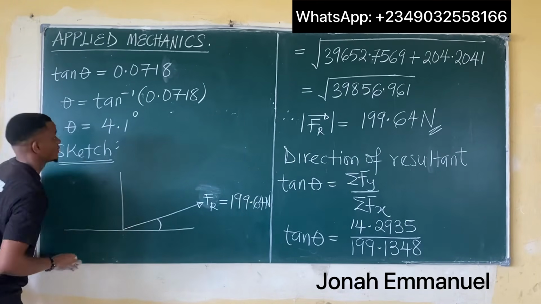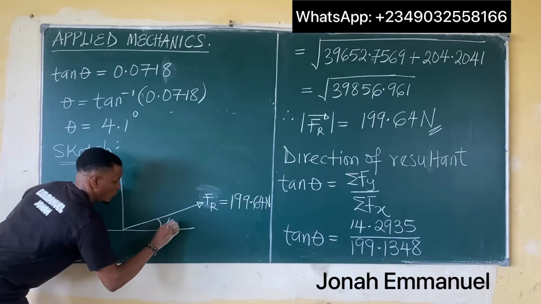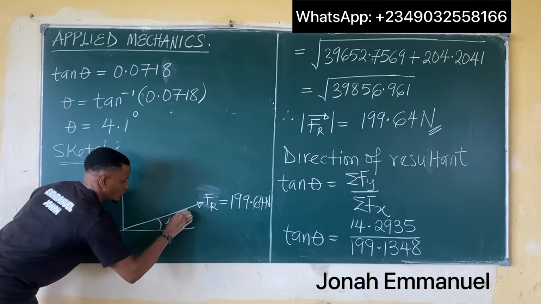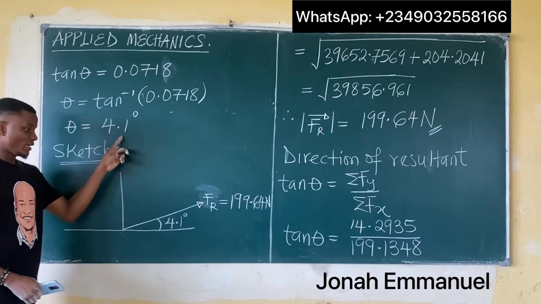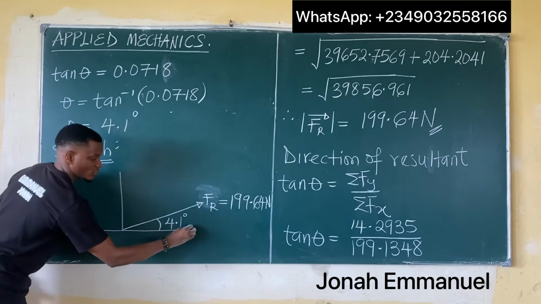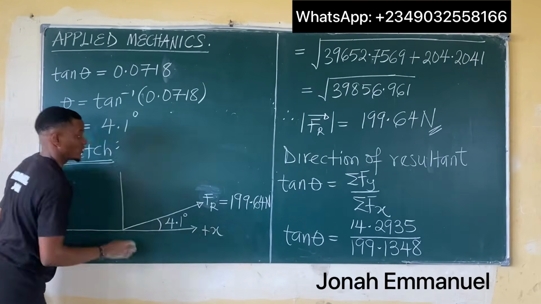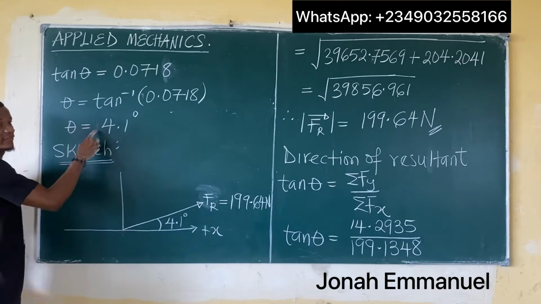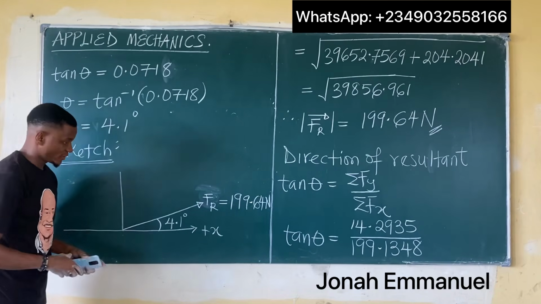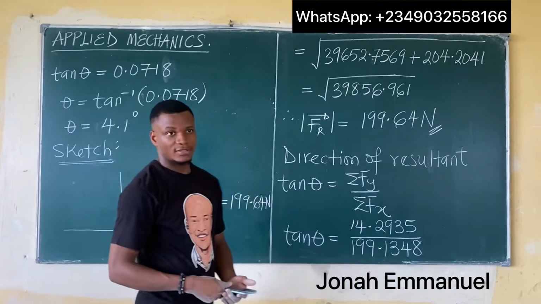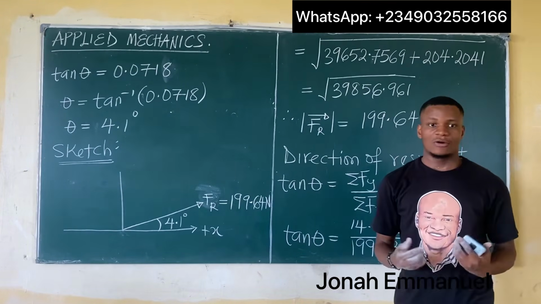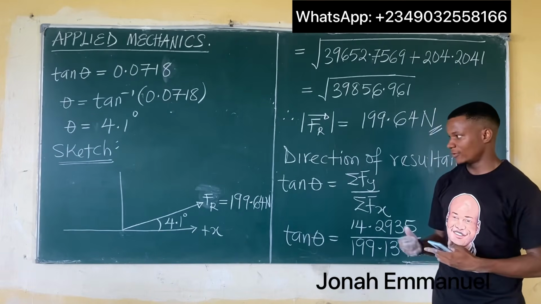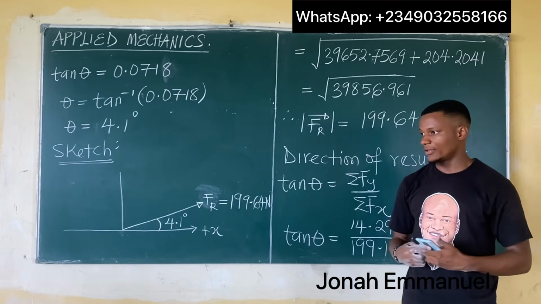Theta here we said is 4.1 degrees. I'm drawing this angle very small because the angle is small, and I'm facing this to the positive of x because theta is a positive value. Alright, so this is how we solve this example. So let's look at one more example, and that's for this topic, this lecture.